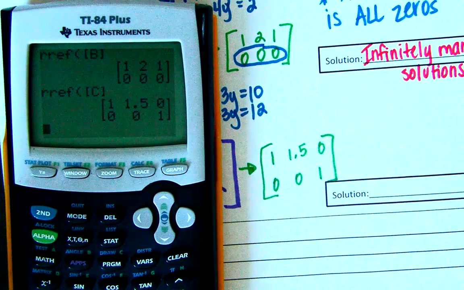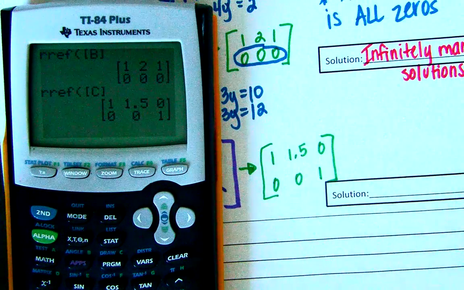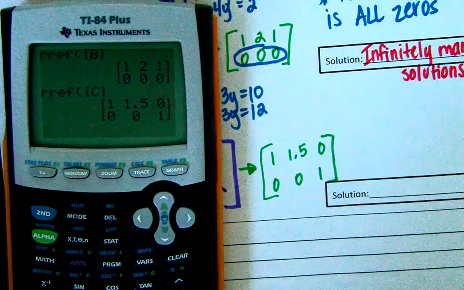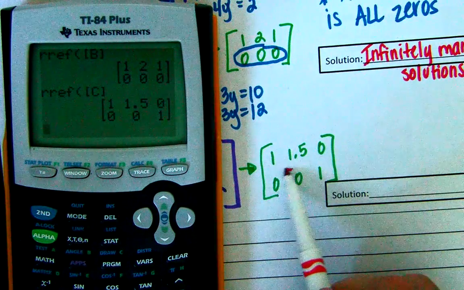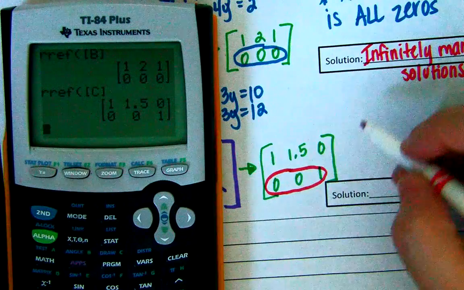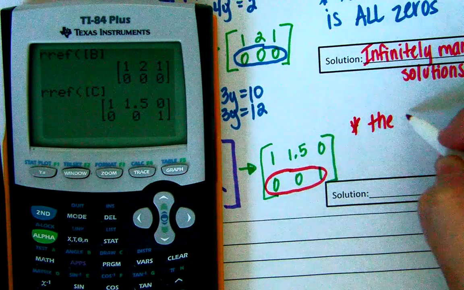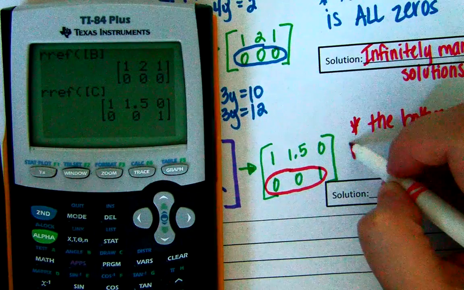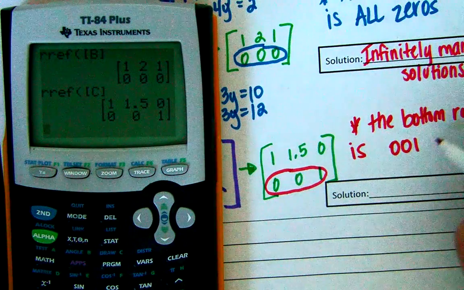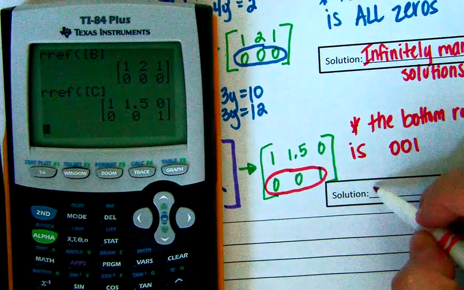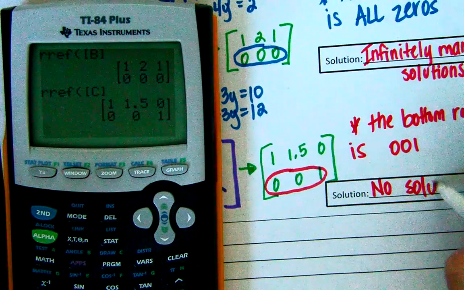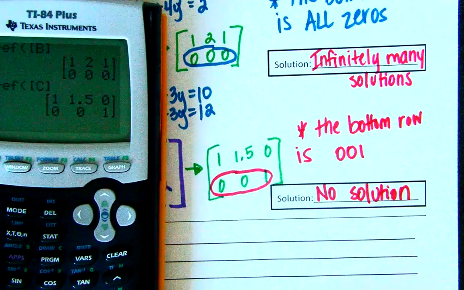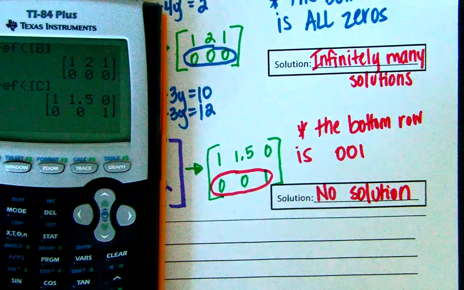Remember from our special case, if it's not 1, 0, 0, 1, then it has to be either infinitely many or no solution. Well, if we look at the bottom row, it is 0, 0, 1. And if the bottom row is 0, 0, 1, it's always no solution.